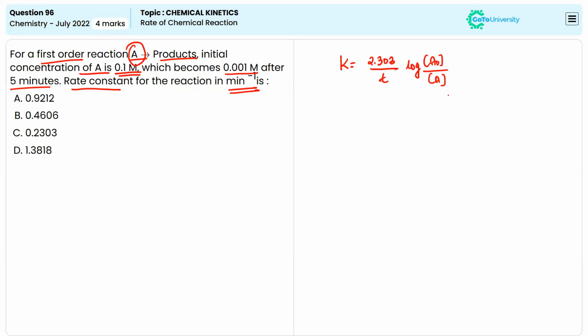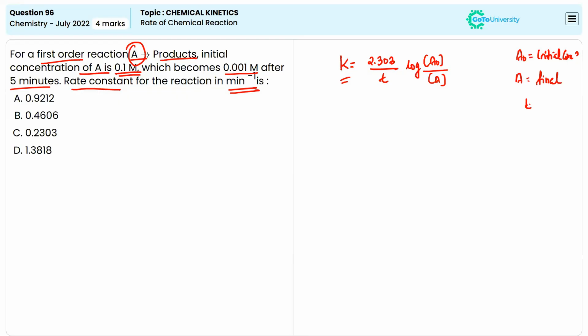Now we can substitute the values. Here A0 denotes the initial concentration of A and A is the final concentration of A. Now we have to calculate K.